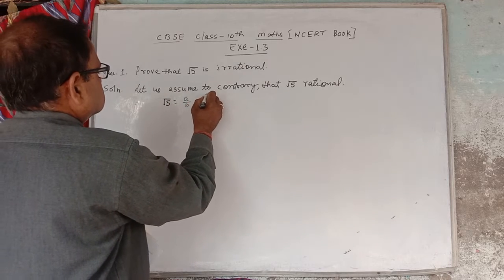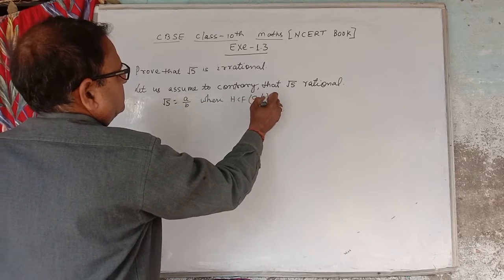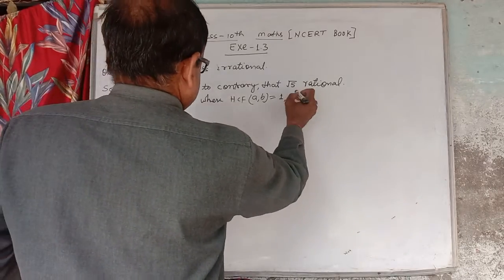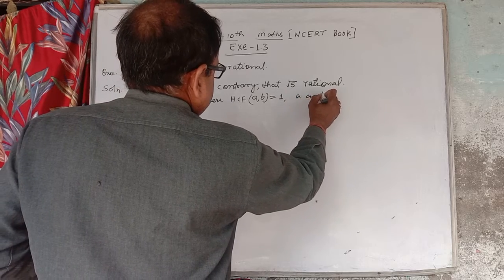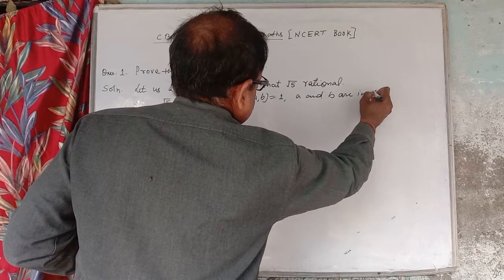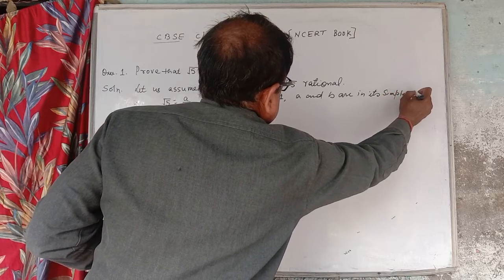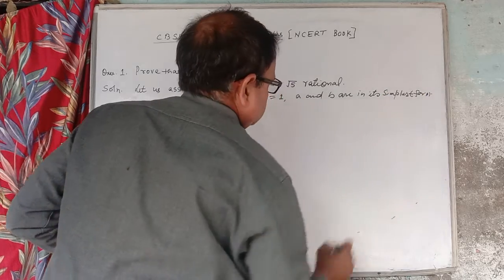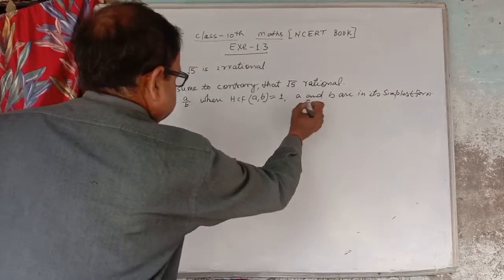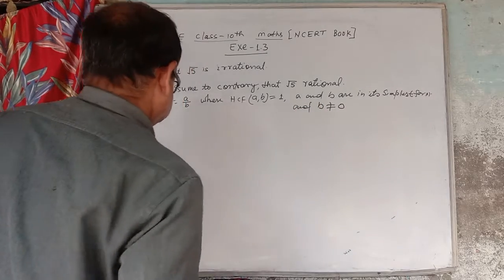Here, HCF of a and b is equal to 1. a and b are in their simplest form, and b is not equal to 0.